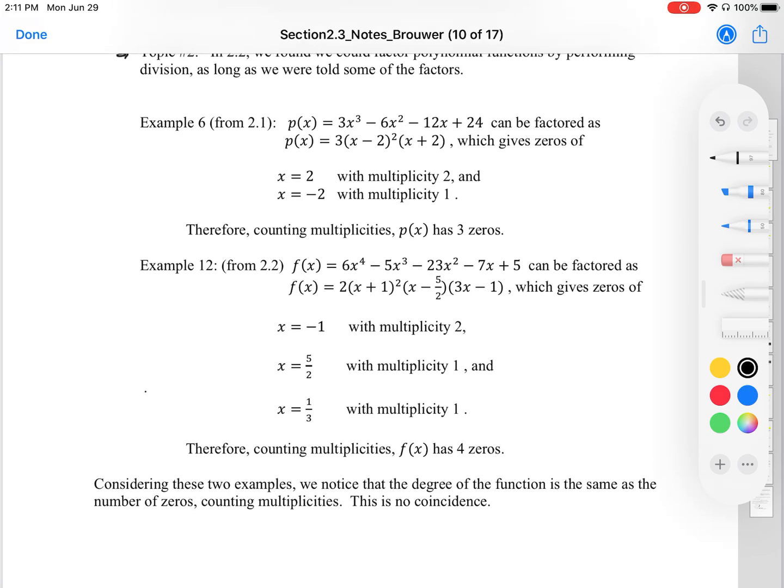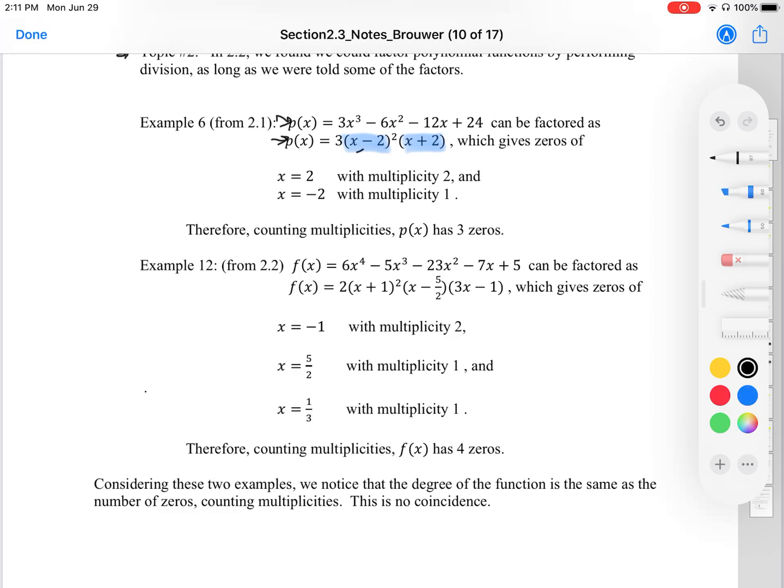And here we have an example from 2.1, and we were able to see a fully factored polynomial. We start off with a polynomial, and then we were able to break it down into what are called linear factors. We see that each one of the values in parentheses has x to the first power, and that lets us know the zero. It's usually the opposite sign.